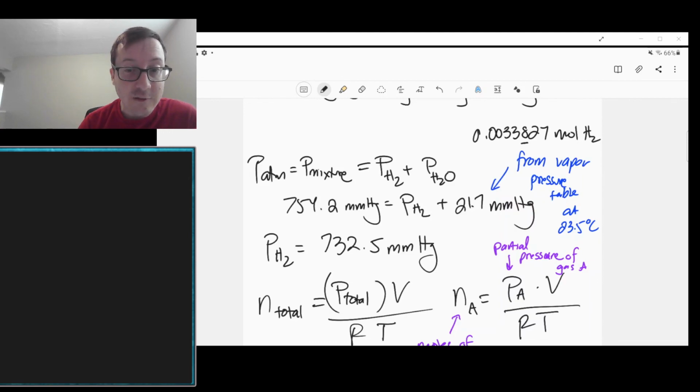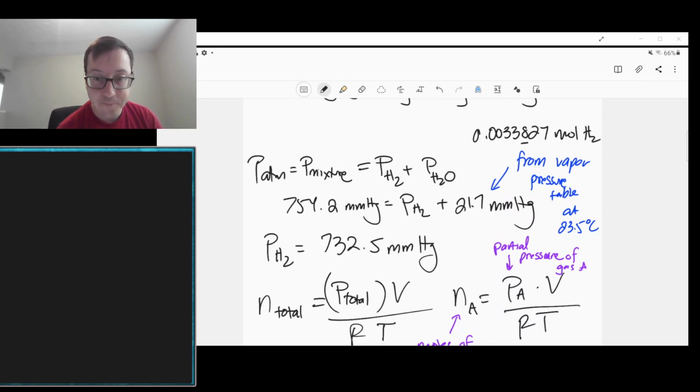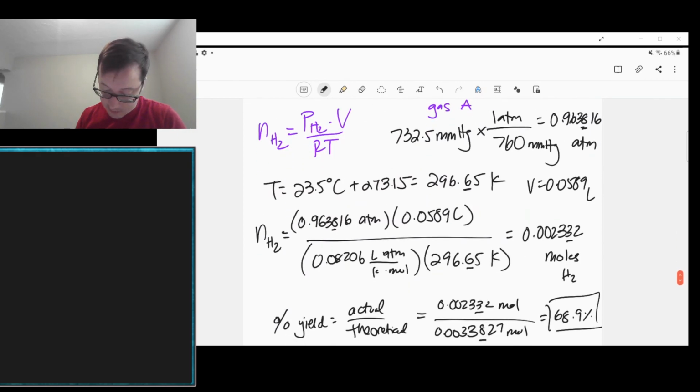And so in that case, that's the water. So anytime you see you're going to have something collected over water, that means that you have to deal with the partial pressure of water there. All right. Cool. Any questions on this?